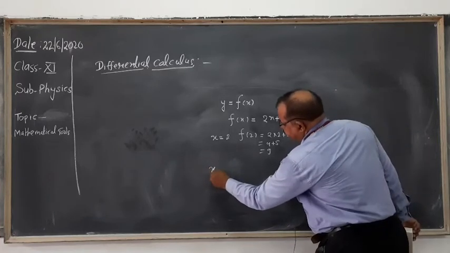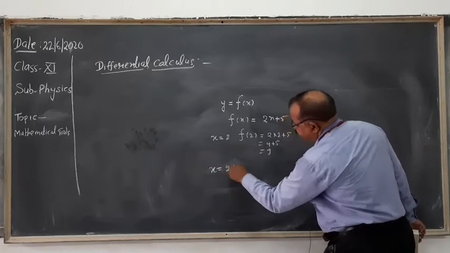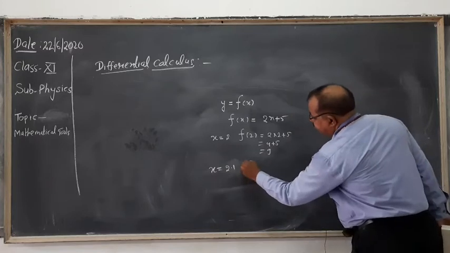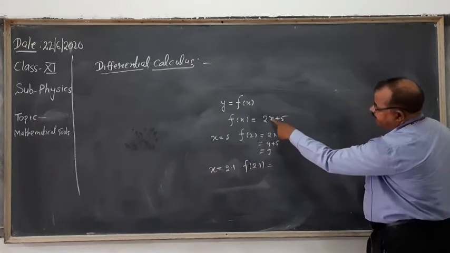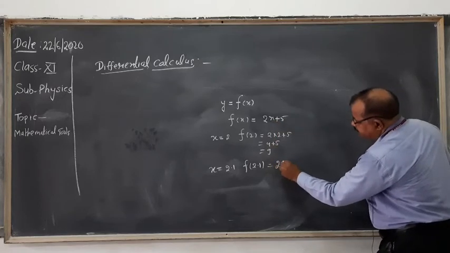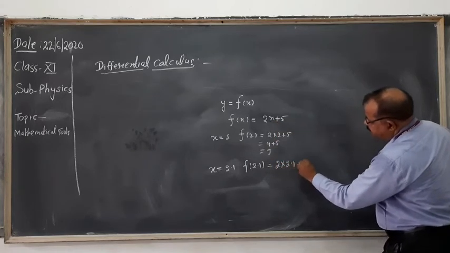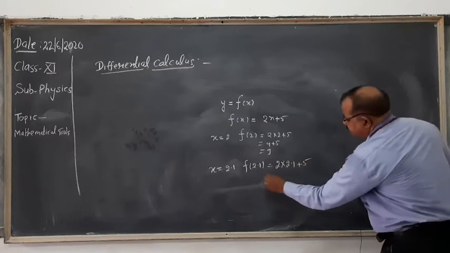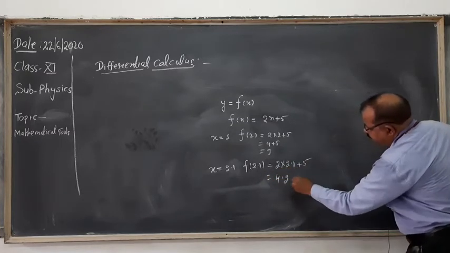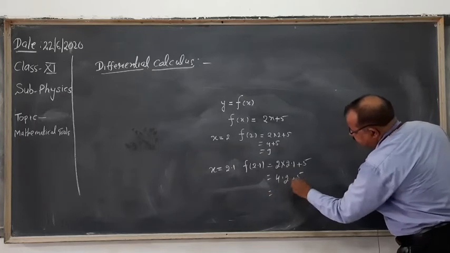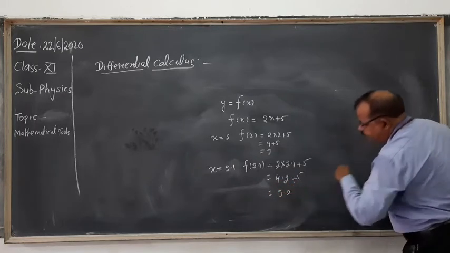And if we take the value x equals 2.1, then f(2.1) equals 2 into 2.1 plus 5, this is 4.2 plus 5, this will be 9.2.